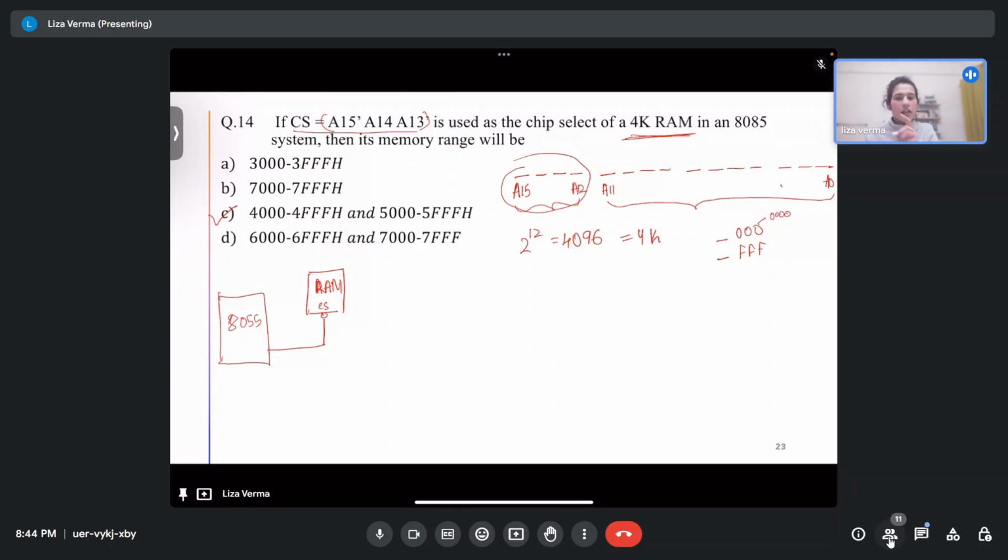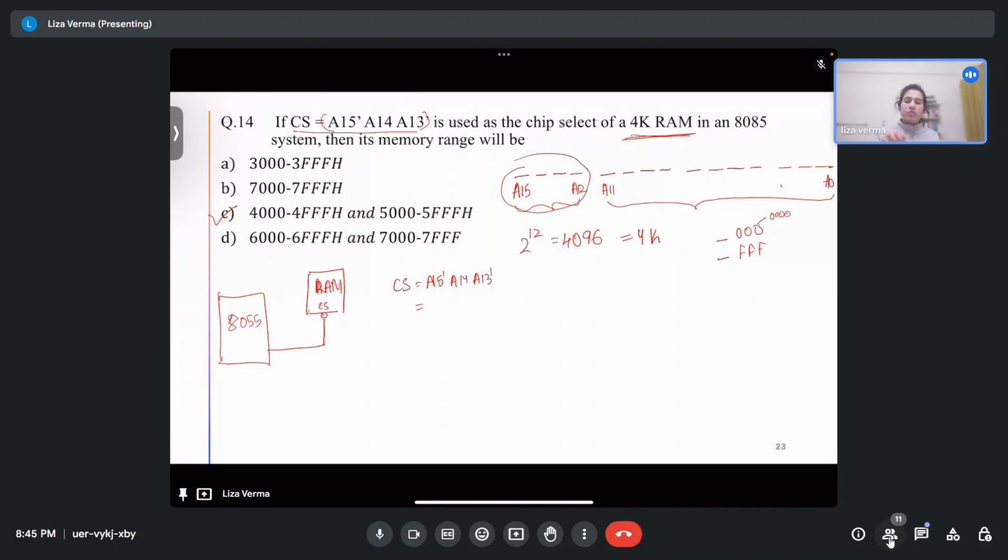Since it's not given, we'll take it as it is. So chip select is A15 prime, A14, and A13 prime, which means we are fixing the values of these three lines as given by chip select. If the values of A13, A14, and A15 differ from those specified as chip select, this 4K RAM will not be selected by the 8085 for any read or write operation.